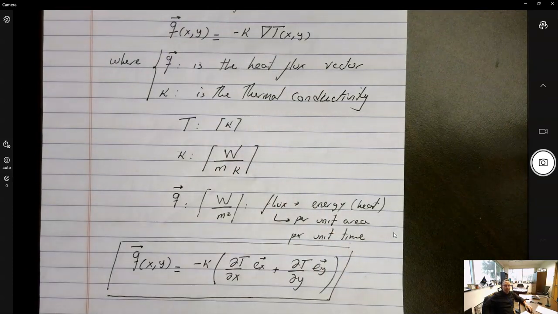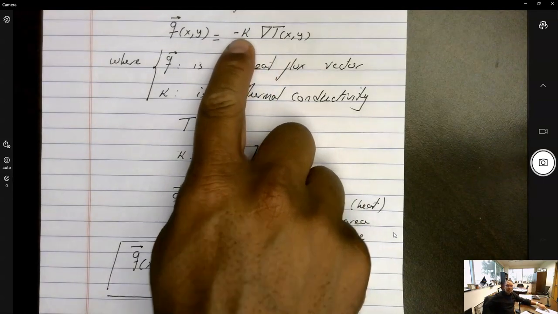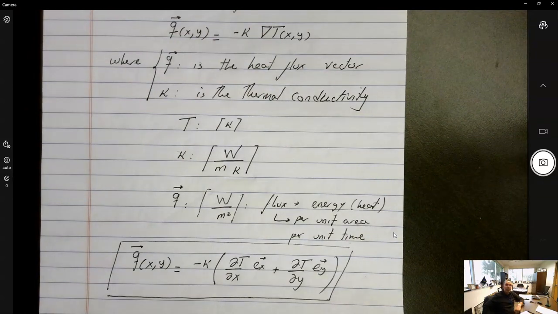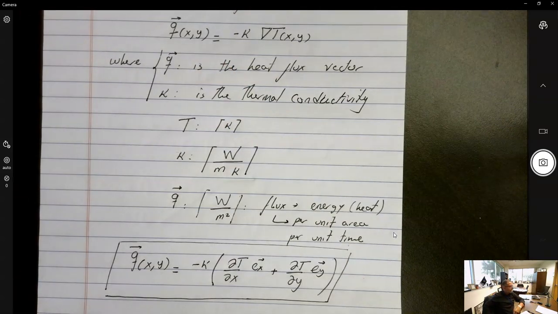If we want the energy to flow from high temperature regions to low temperature regions within a solid, for example, or from a hot body to a cold body, the only way to ensure that through this definition of a gradient is by sticking a minus sign in front of it. That's the only reason that minus sign exists there. It's just because of this universal convention that says that heat will flow from hot to cold, which is an abstract definition. We could have done it 200 years ago in the opposite direction, and we wouldn't have seen a negative sign there. So that's the reason why there's a negative number there.